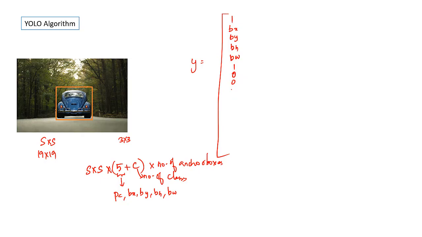And for the second anchor box, there is no other object, so the PC value will be 0, and the other values we do not care about. The neural network actually outputs some random values here, but we are not interested in those values. So this is the overall output that YOLO gives us. And finally we do the non-max suppression to avoid many bounding boxes for one single detection, and that is how we get the final output.